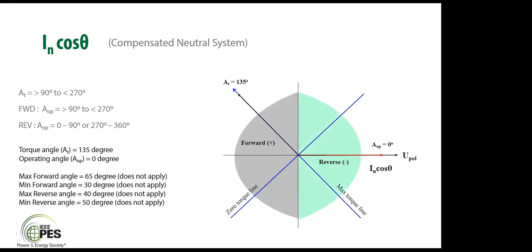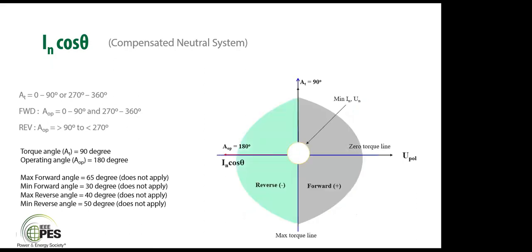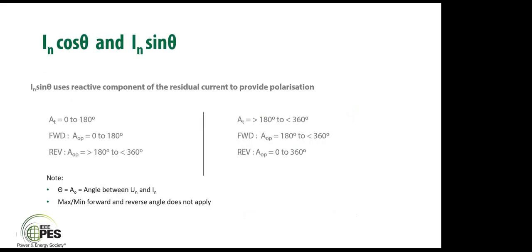And when you use the sin theta part of the neutral current, the forward operation zone will be 0 degrees to 180 degrees, and the reverse operation zone will be 180 degrees to 360 degrees.